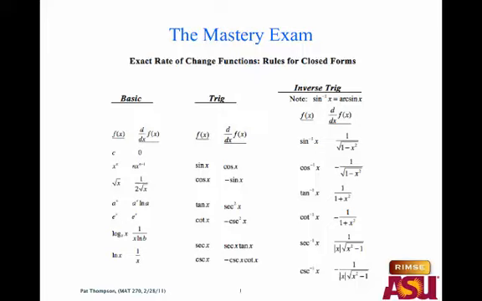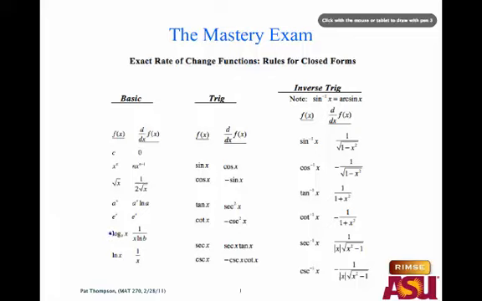So let's just look at it. Constant function, 0. X to the n, and okay, can I have your attention, please? You're going to get this. X to the n has rate of change n x to the n minus 1. Square root of x, 1 over 2 square root of x. A to the x, which we just did, is a to the x ln of a. E to the x, rate of change is e to the x.